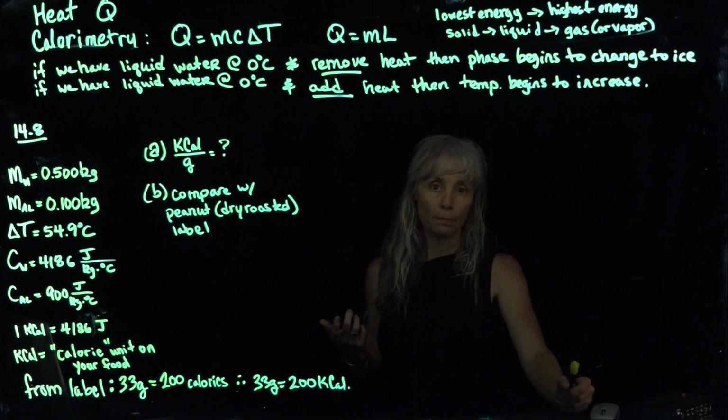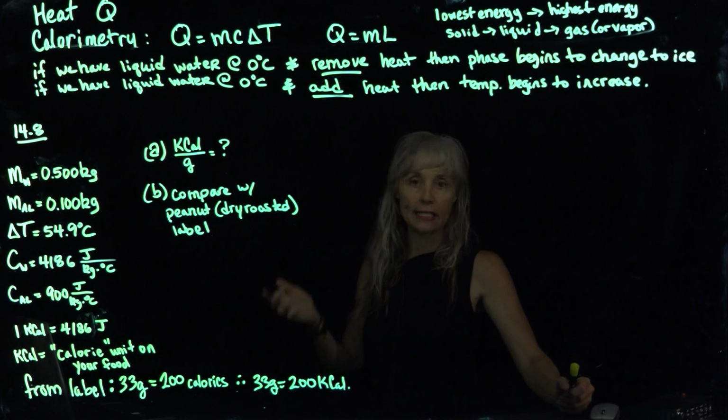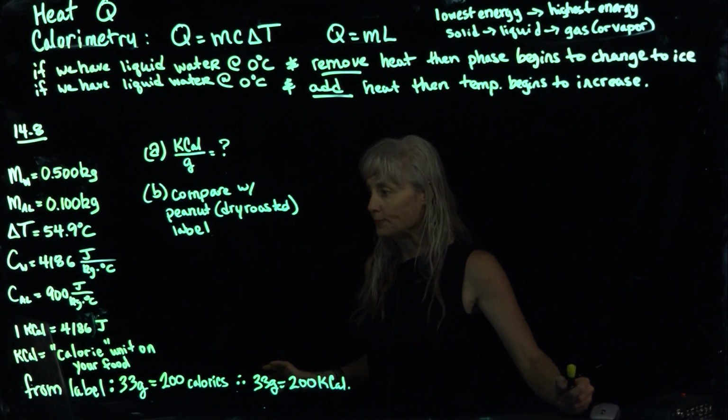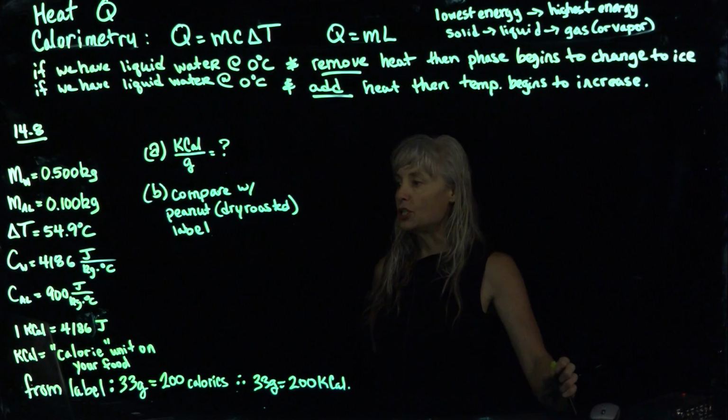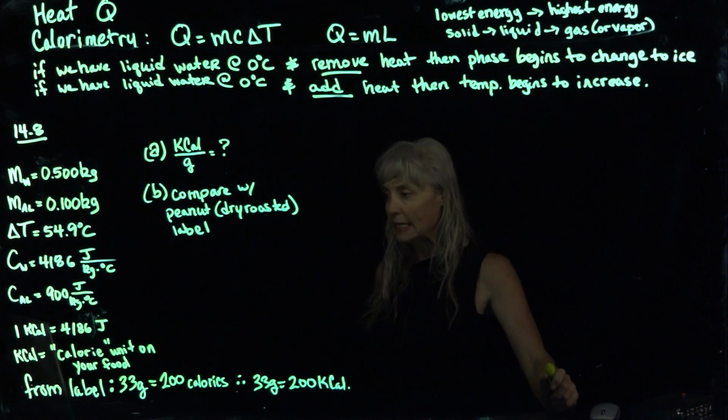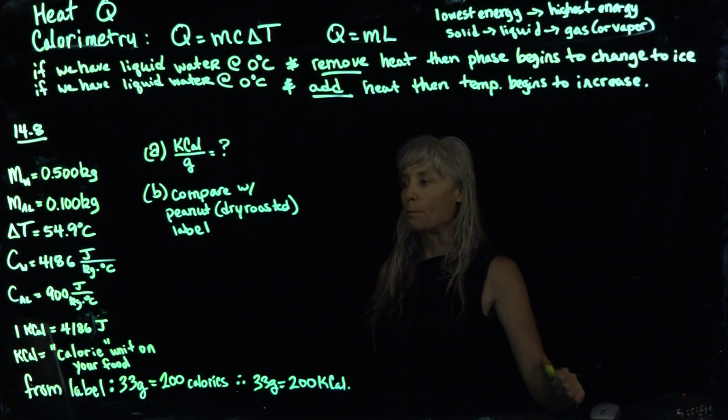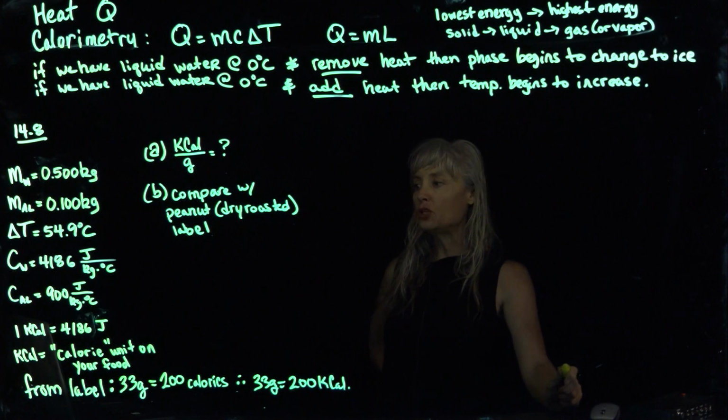So now what we're going to do is look at a problem from your textbook, and this is going to be 14-8 from the OpenStax textbook, and it reads as the following. The number of kilocalories in food is determined by calorimetry techniques in which the food is burned and the amount of heat transferred is measured.